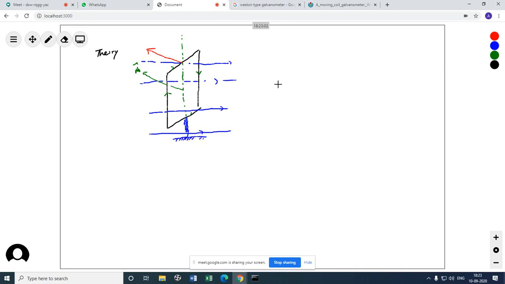So when current is given, we know torque equals M cross B, M vector cross B vector. So you can see I align my right hand with the M vector and fold it towards B. From M to B in this diagram I am going in the clockwise direction, right? Yes, sir. So that means this coil will try to rotate like this. So this is my deflecting torque.